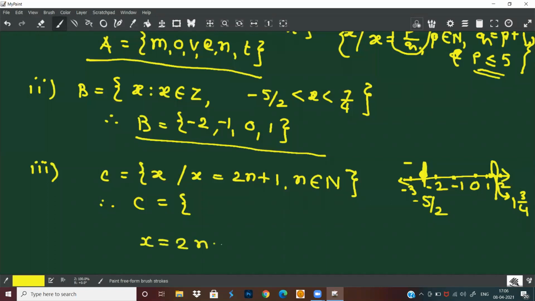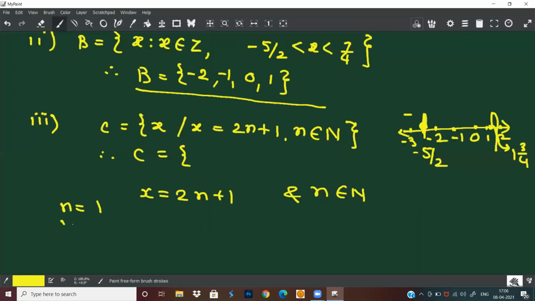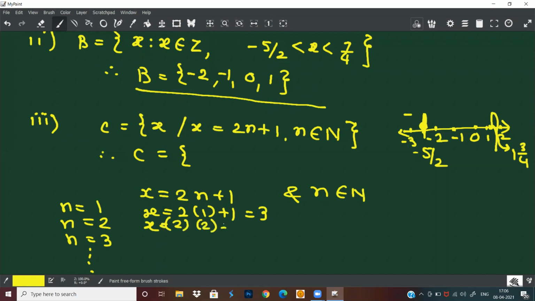X is 2n plus 1 and n is a natural number. मतलब n क्या क्या हो सकता है? N can be 1, n can be 2, n can be 3 and so on. So substitute here 2 into 1 plus 1, that gives you 3. 2 into 2 plus 1, that gives you 5 and so on.